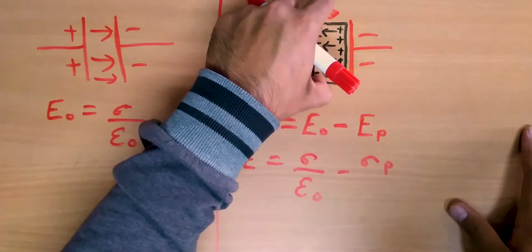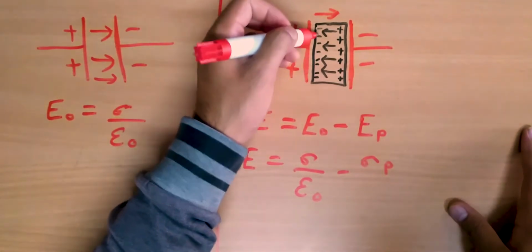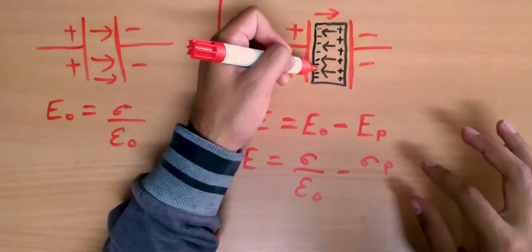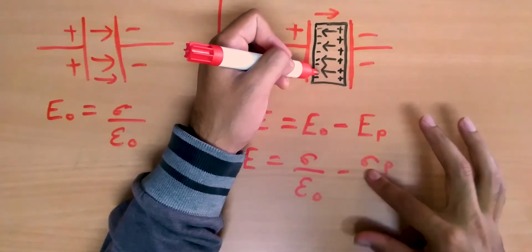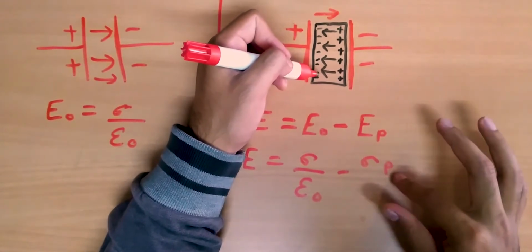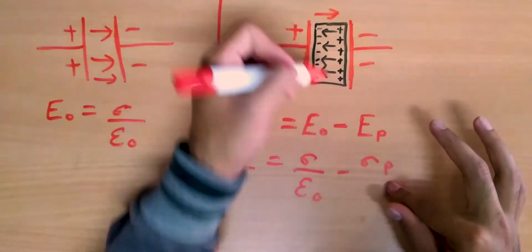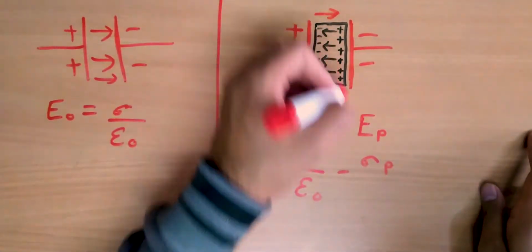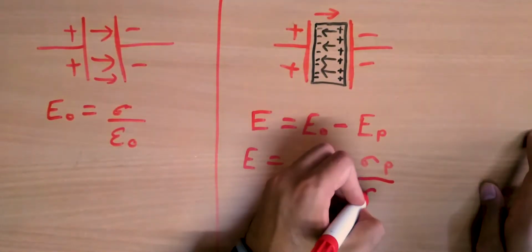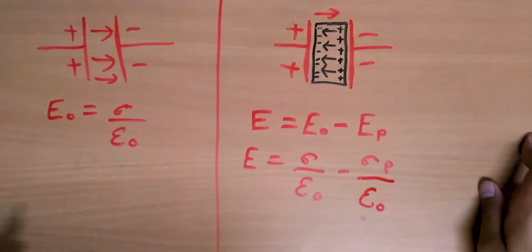If this thin layer has some surface charge density, let's say sigma P, so we are calling that surface charge density sigma P, the electric field due to this dielectric will be sigma P upon, again, epsilon naught.